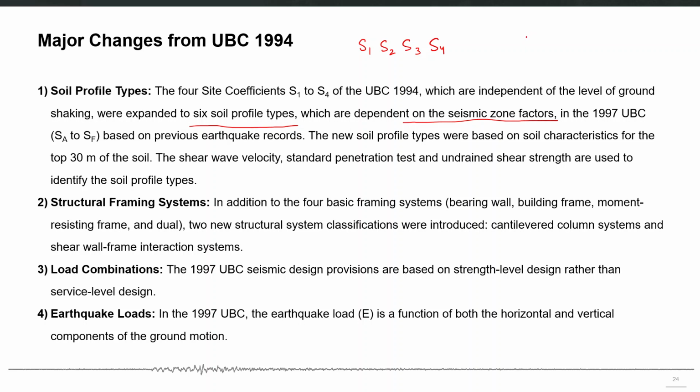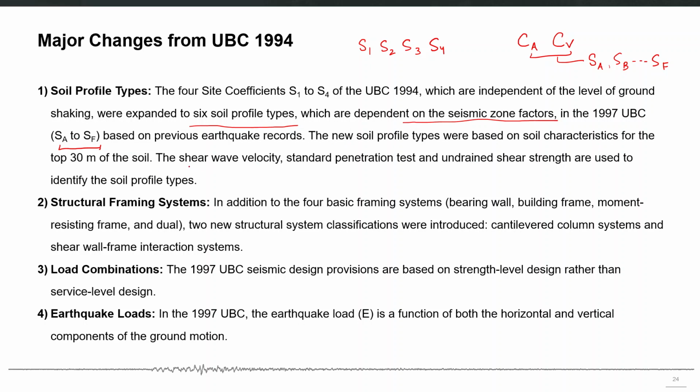So there are 2 seismic zone factors defined by UBC 97, denoted by CA and CV, and they are now related with the new soil types, denoted SA, SB, SC up to SF. So there are now 6 soil types, SA to SF, and the new soil types are based on soil characteristics for the top 30 meters of the soil.